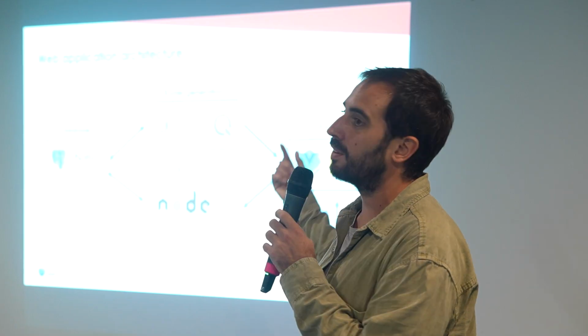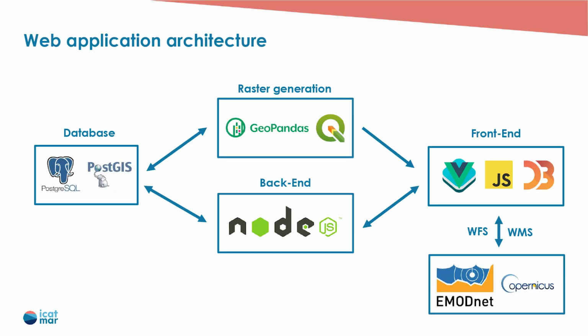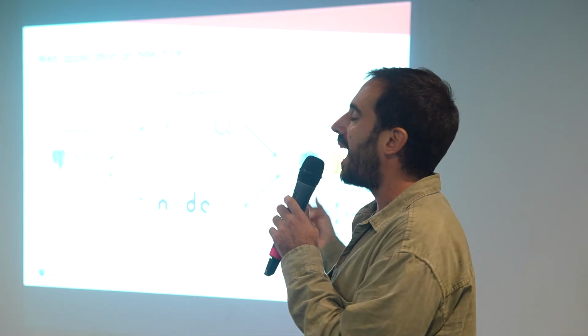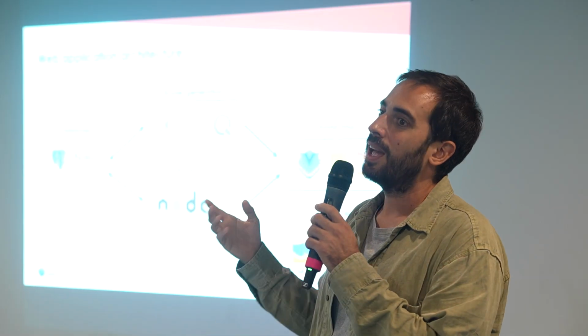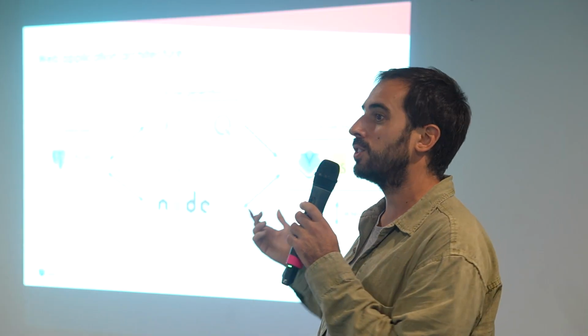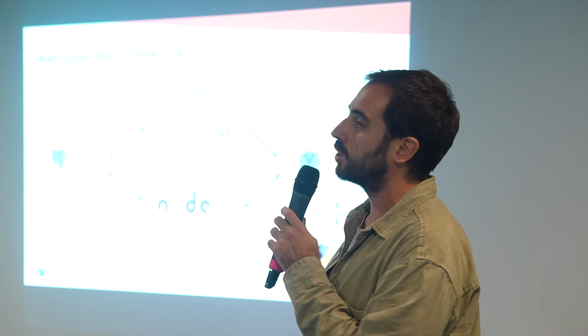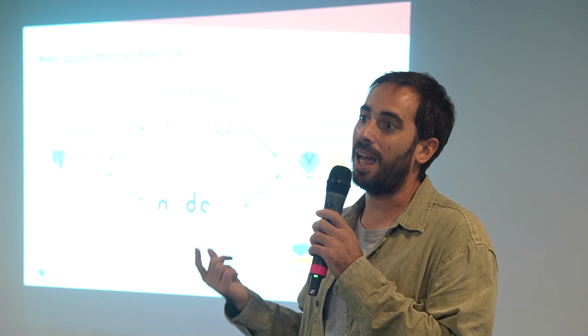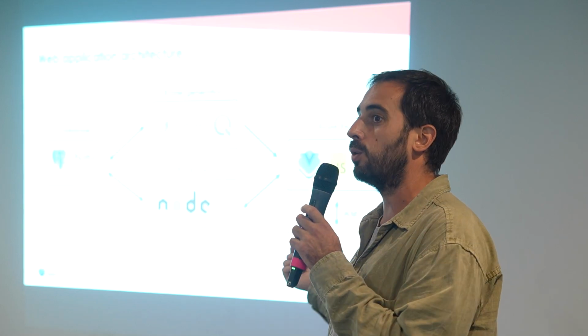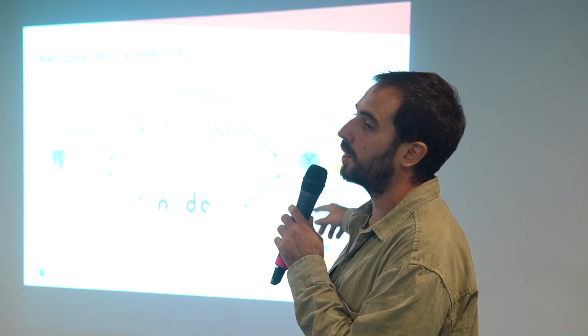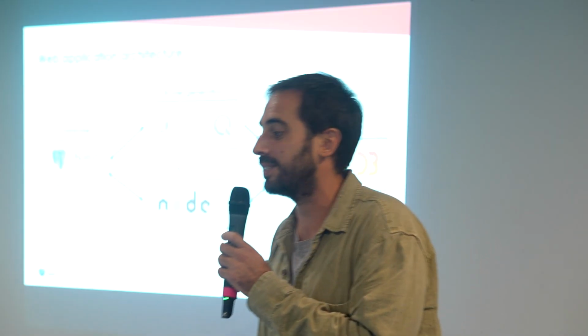We also serve some rasters into this visualization part that we generate through QGIS and GeoPandas. And finally, we retrieve some marine habitats information from EMODnet and also some environmental variables from Copernicus. Those ones are served through WFS and WMS.